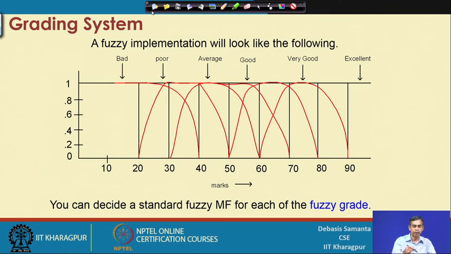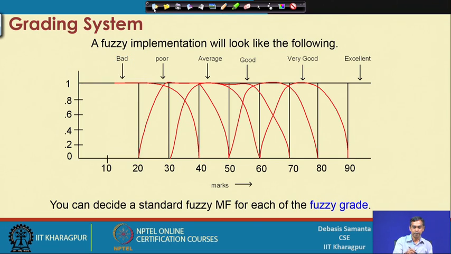the different fuzzy sets. For example, if we define one membership function in this form, we can say that this is the bad fuzzy set, where the universe of discourse is this one and the elements belonging to it are these. Up to this element the membership value is 1, and after this the membership value is decided by the function.